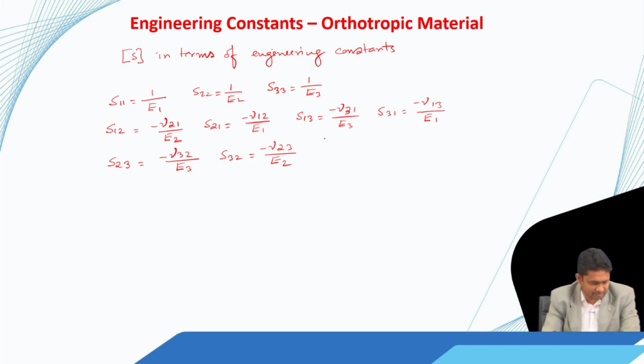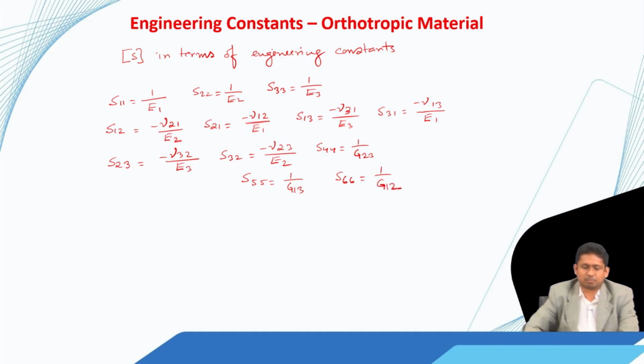and we have S44, the shears, 1 by G23, and S55 as 1 by G13 and S66 as 1 by G12.